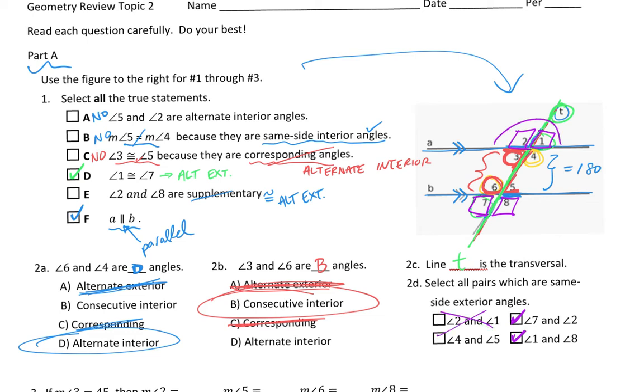So they're not going to be a same side exterior. And 4 and 5 are same side interiors or consecutive interiors. So those aren't right either.